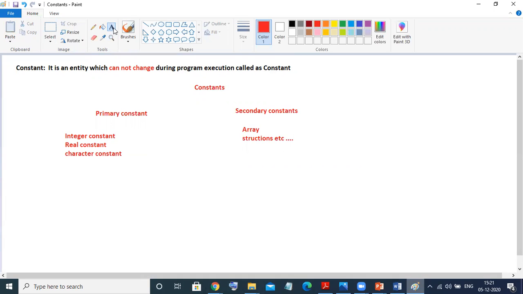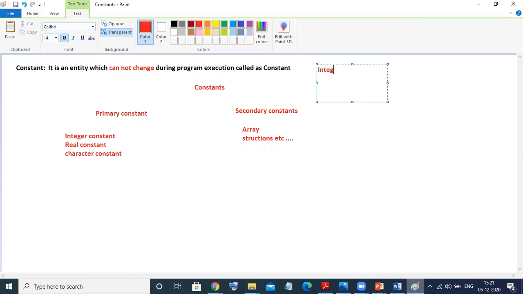So first of all, we will take a heading as integer constant. To whom do we call an integer constant? If it follows the following rules, then we can say that the given constants are integer constants. The first and most important thing: there must be at least one digit.